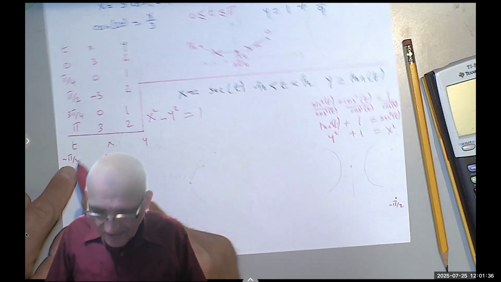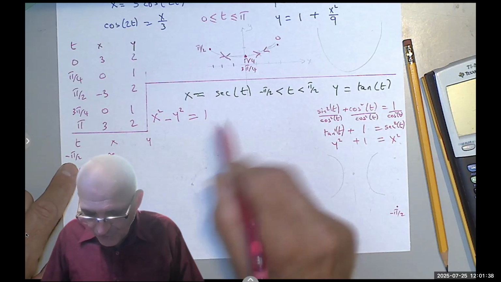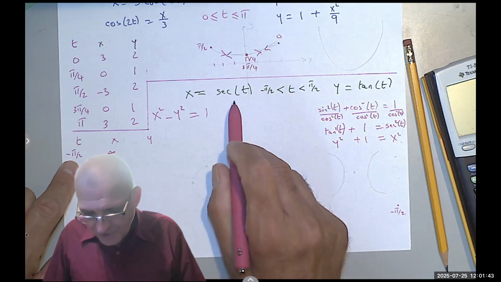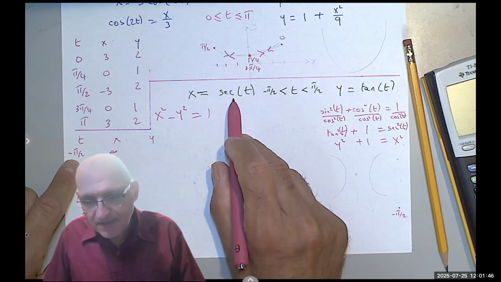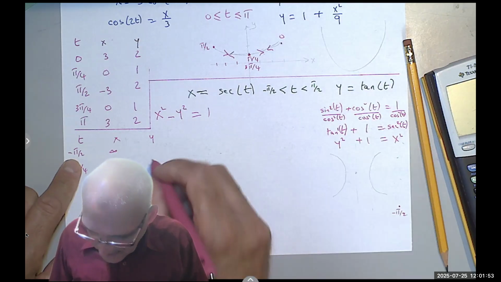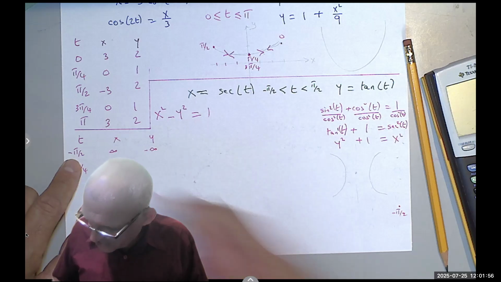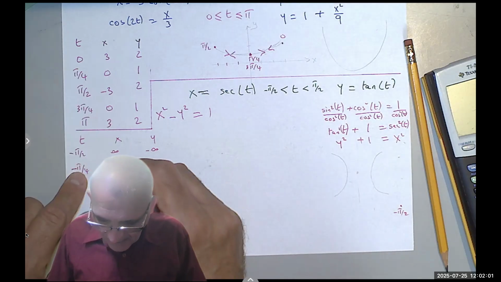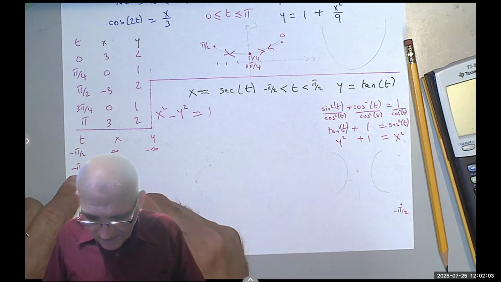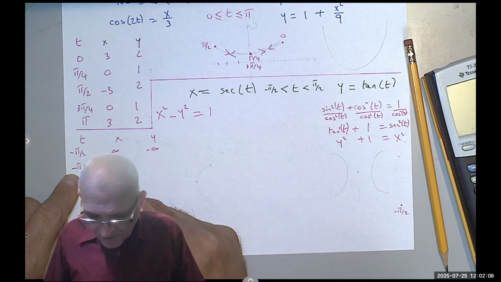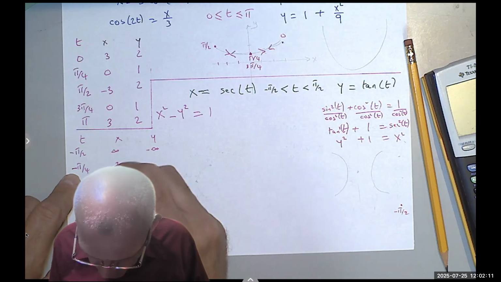So let's go back. When I say slightly before negative pi over 2, we are in the fourth quadrant, so the cosine is approaching 0. So the secant is going to plus infinity, and then the y, we said, is almost negative infinity. So we are here. At negative pi over 4, it's 45 degrees, so the cosine is root 2 over 2.